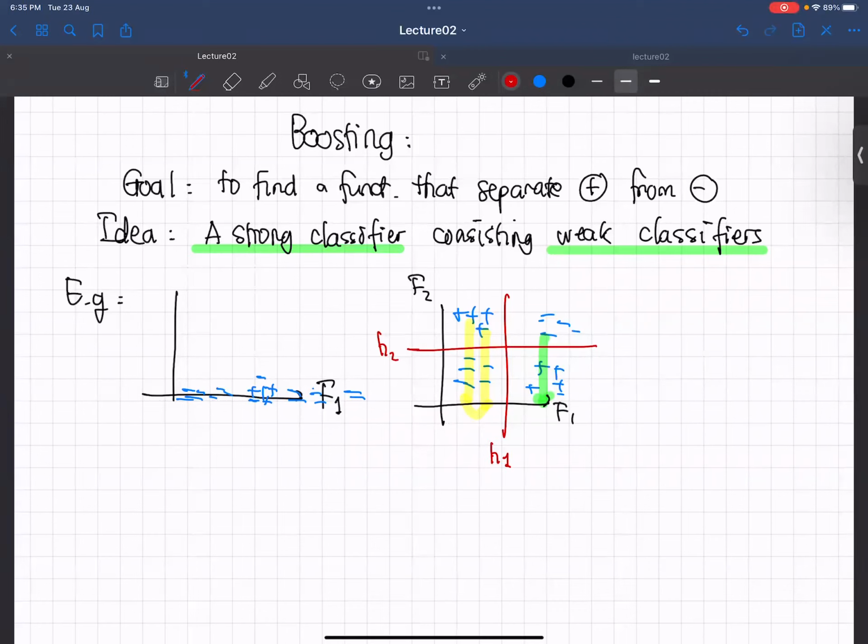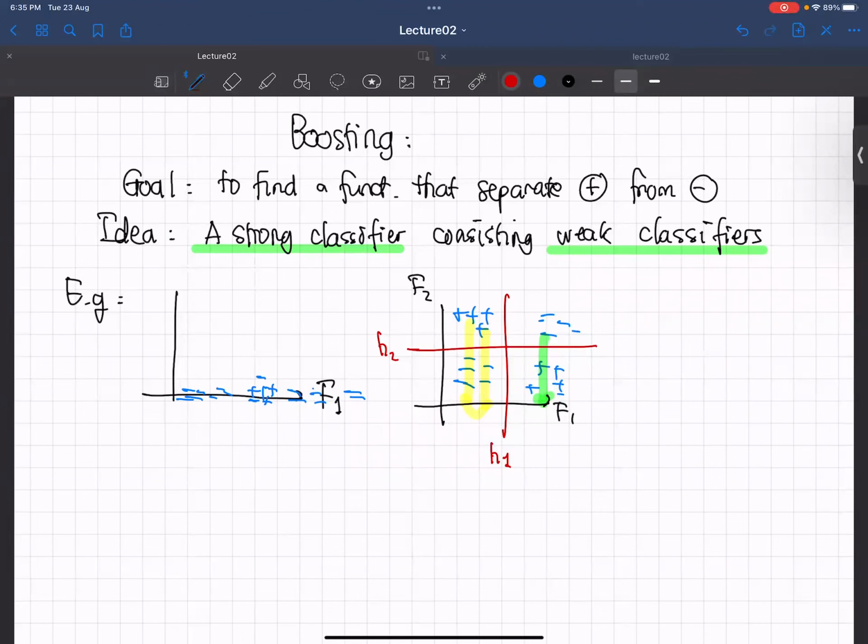So H1 and H2 are the weak classifiers. And where is the strong classifier then? It is the combination of H1 and H2. The combination of H1 and H2 is called a strong classifier. And that's really the basic idea of boosting.